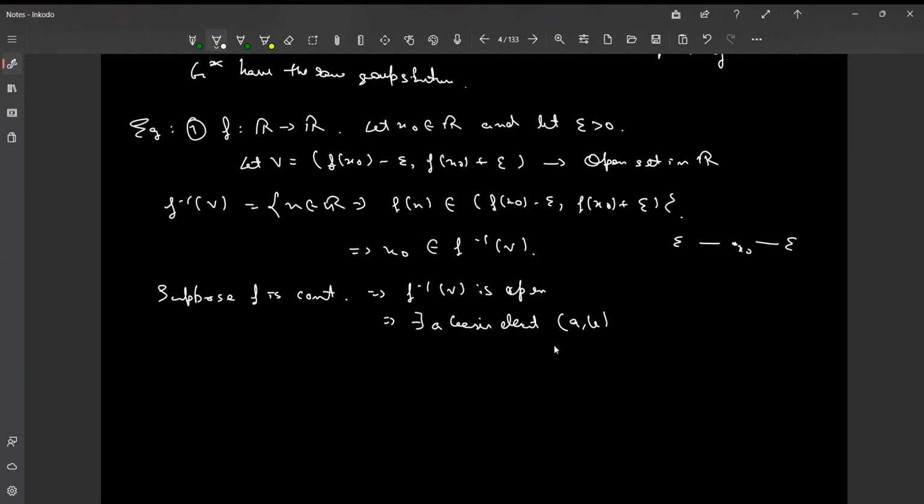It's also called the ordered topology. The standard topology is also referred to as the ordered topology because these intervals are completely based on a specific order defined on R, which is symbolized as less than or equal to, right?